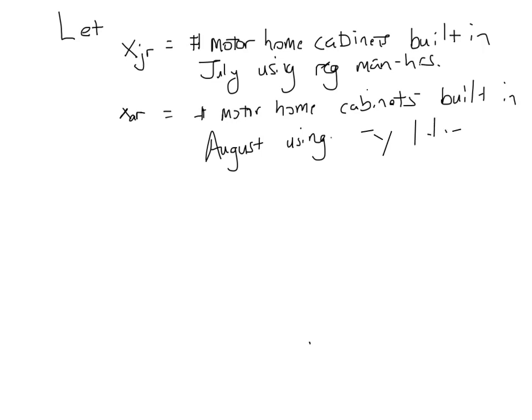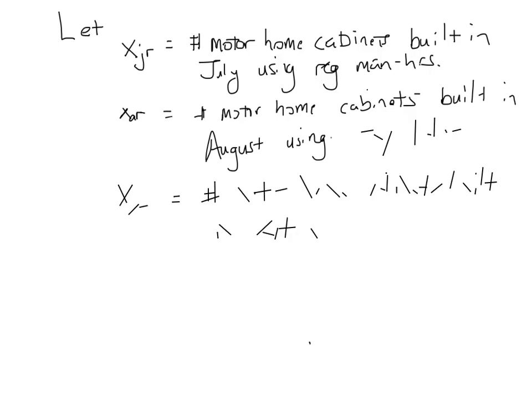And so then for motorhomes for September would be similar, x_SR. So again, the first subscript is the letter of the month that we're looking at, July, August, and September. The second subscript is what we're using it for, so that's the regular. So number of motorhome cabinets built in September using regular labor.